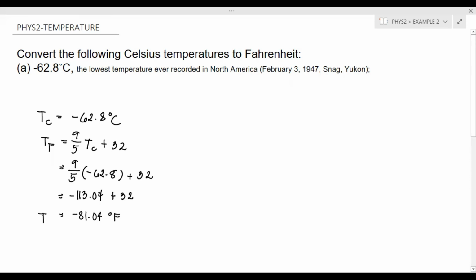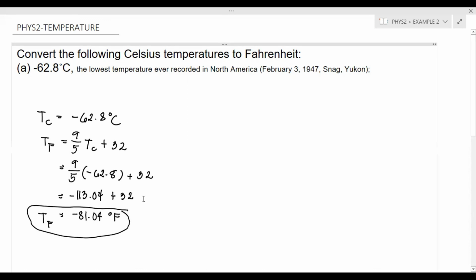So the negative 62.8 degrees Celsius, the lowest temperature recorded in North America, is equivalent to negative 81.04 degree Fahrenheit.